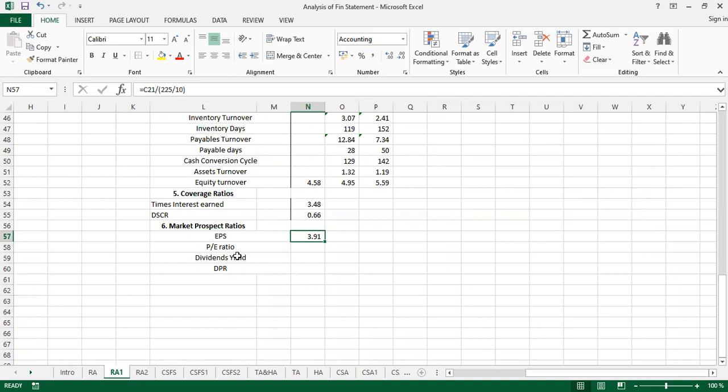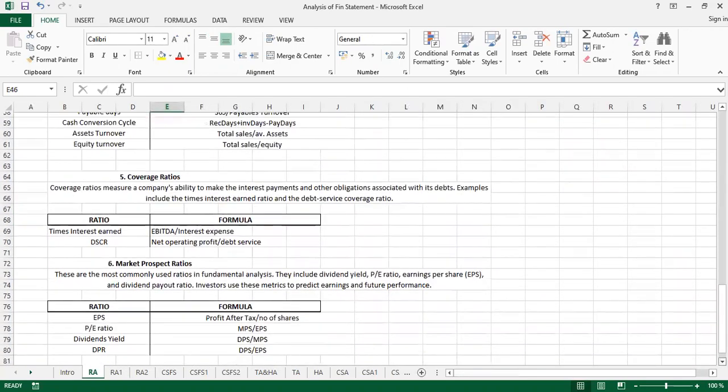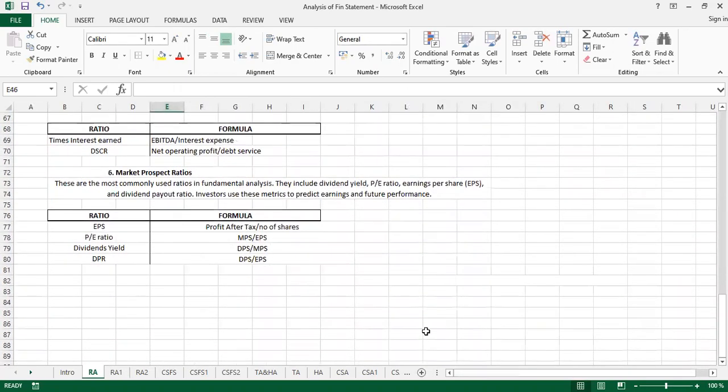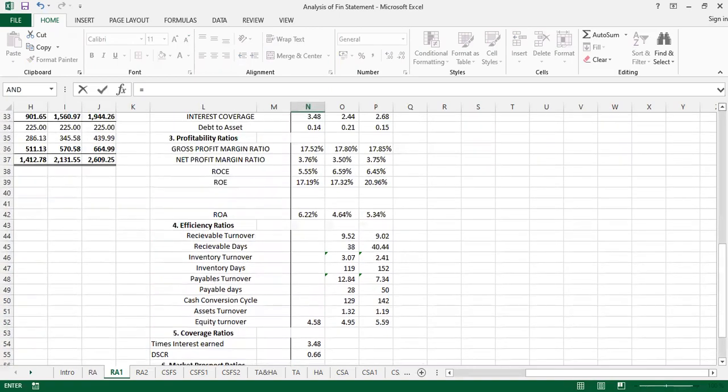So you've been told the price earning ratio. Let me confirm that one. Actually, I think the MPS over EPS. So it will be just this way, equals. So we had been given the MPS, the market price per share.